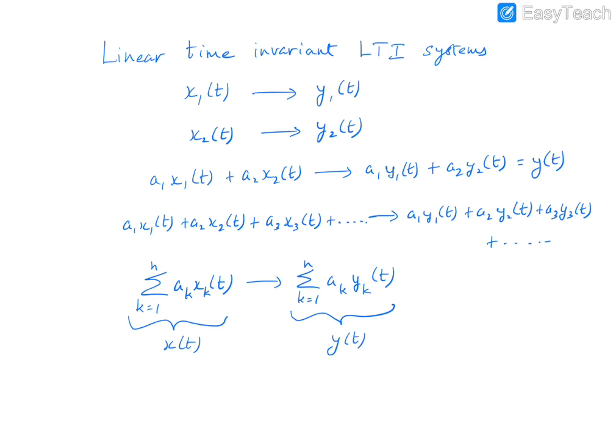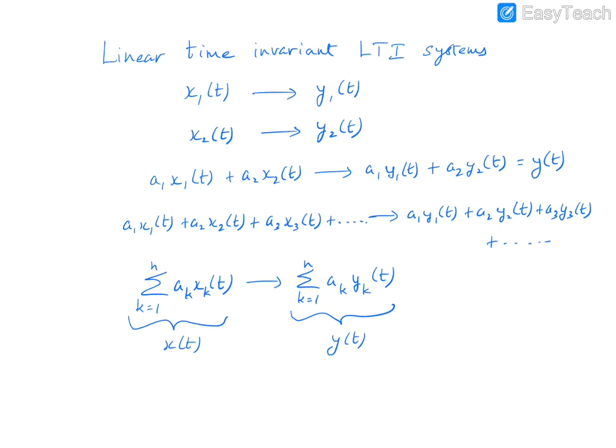So when the input is a linear combination of some signals x1, x2, x3, and so on, as a1 x1 plus a2 x2 plus a3 x3 and so on up to an xn of t, then the output y of t will also be a linear combination of the individual outputs y1, y2, y3, and so on. That is a1 y1 plus a2 y2 plus a3 y3 and so on up to an yn of t.